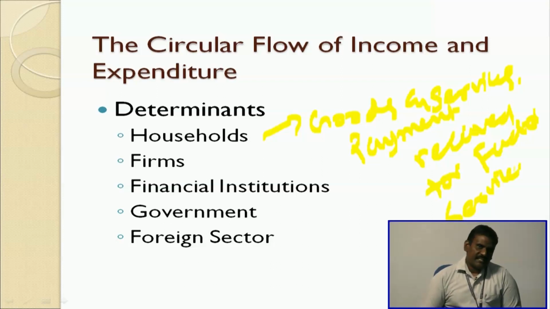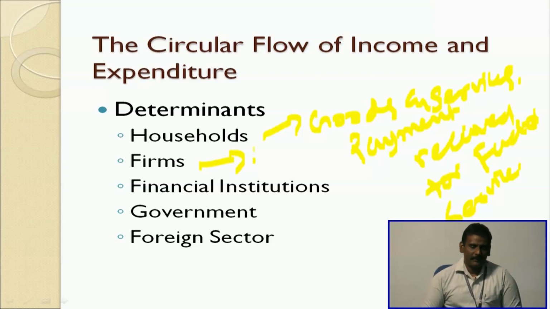Now we take the second sector, the firm. The firms are doing business, selling goods and services, with the flow of goods and services to the household as well as to the government. They receive income out of that, and they also make payment for utilizing the services from the household. The firms also make payment in terms of taxes to the government.